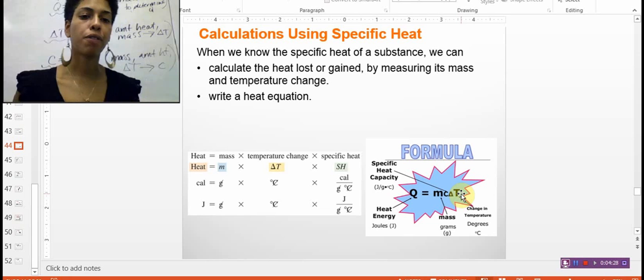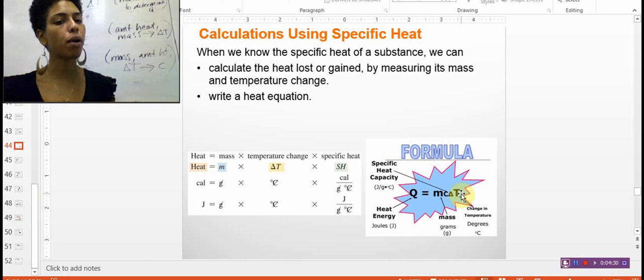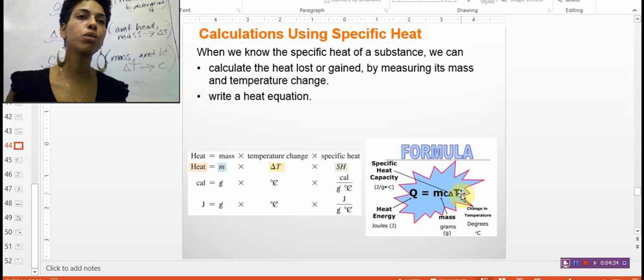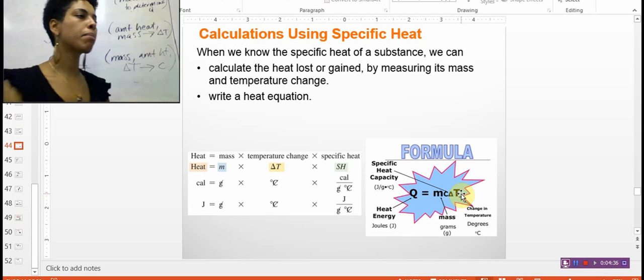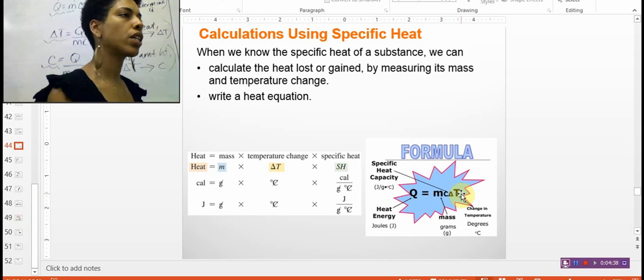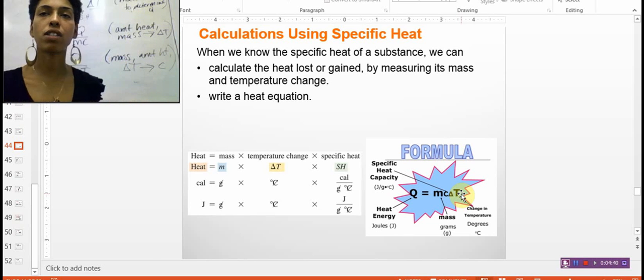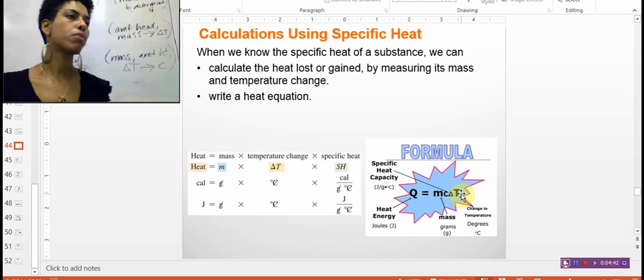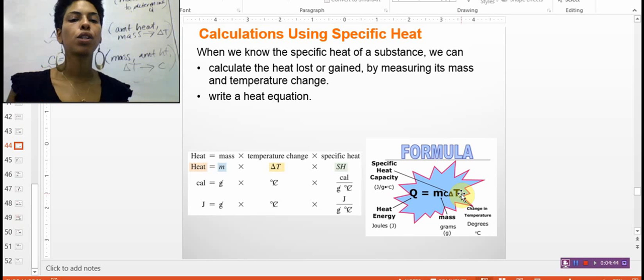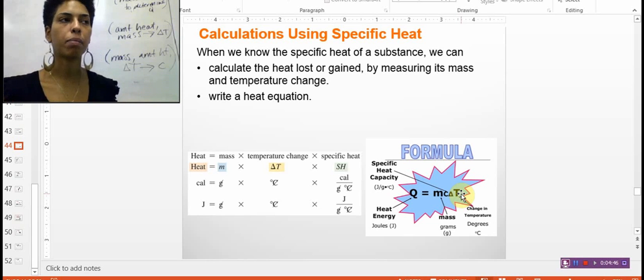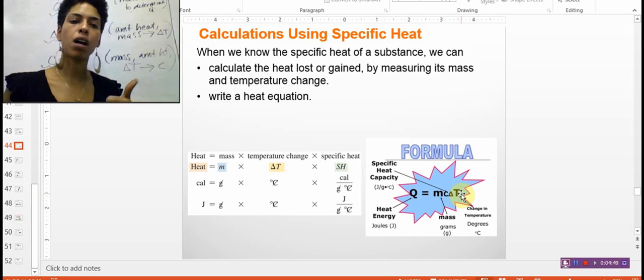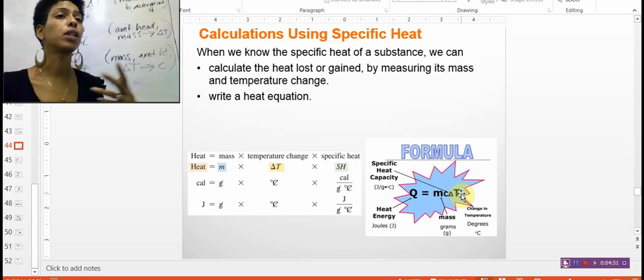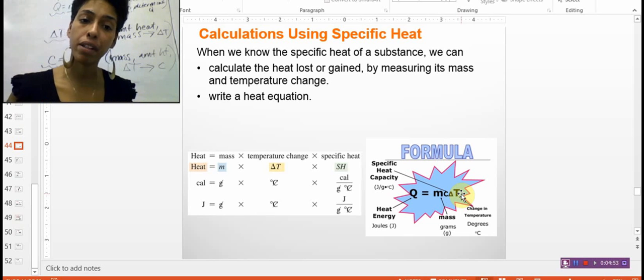When you withdraw money from the bank, it is a negative change and you're losing money. Same thing for heat. When you're absorbing energy, then you're going to have a positive amount of heat. If you are losing energy, then you're going to have a negative amount of heat.